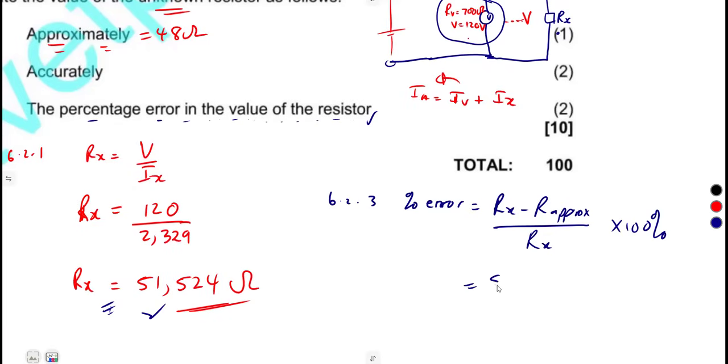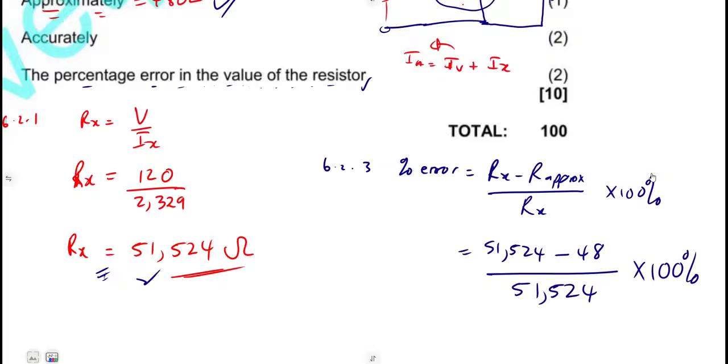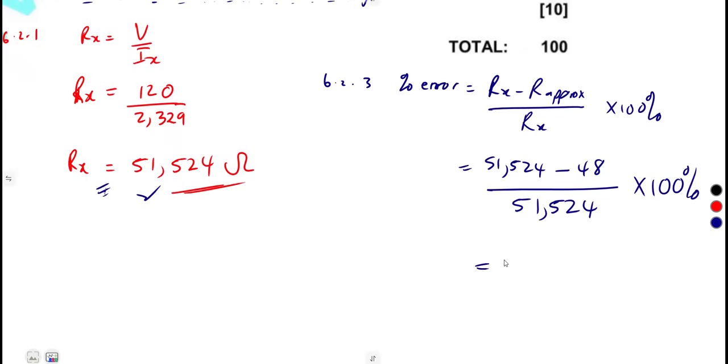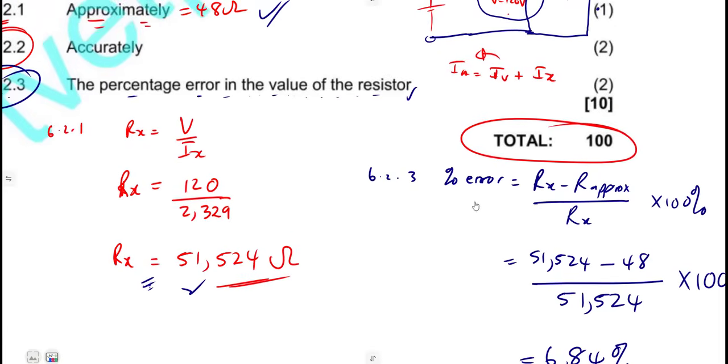So Rx is 51.524, the approximate is 48. So 51.524 minus 48, divided by 51.524, times 100%, gives us a percentage error of 6.84%.